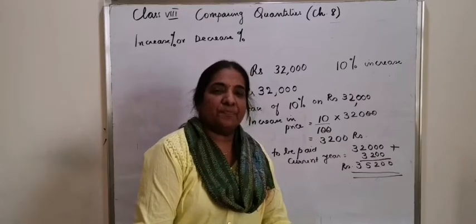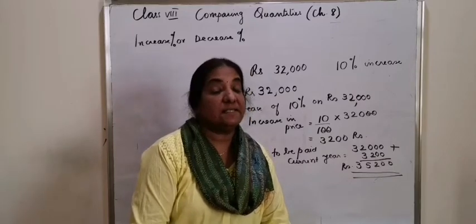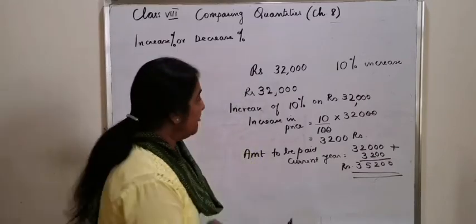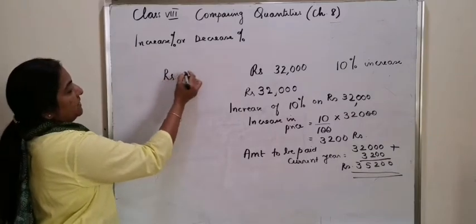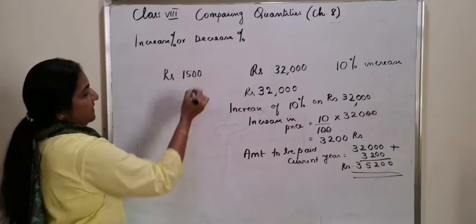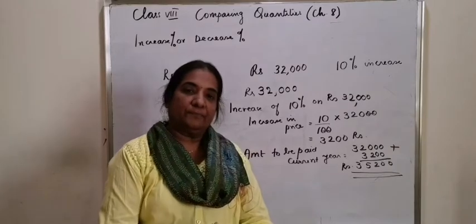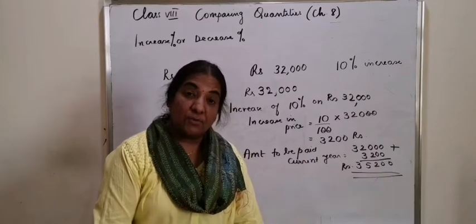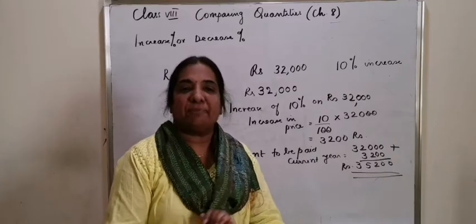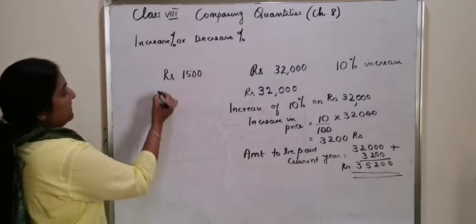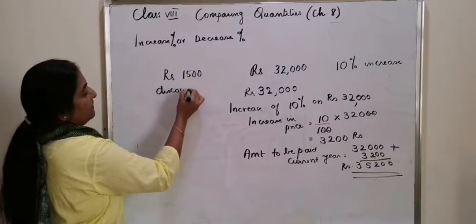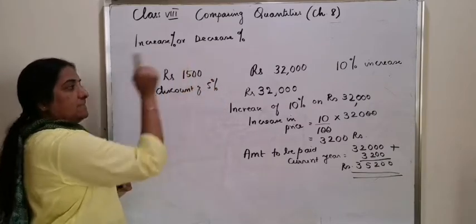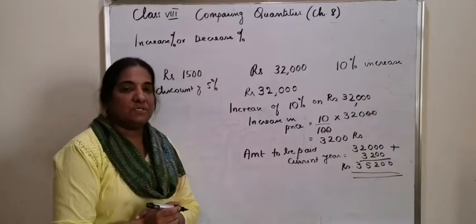Similarly, you have seen in many places that there is a discount or sale on clothes. Imagine you saw a shirt for rupees 1,500 six months back, and the same shirt is now kept at a discount of 5%. That means the shopkeeper is offering a discount of 5%, calculated on that rupees 1,500.